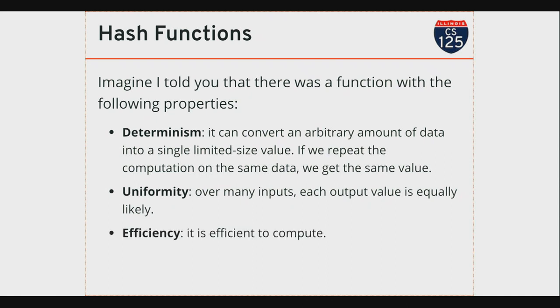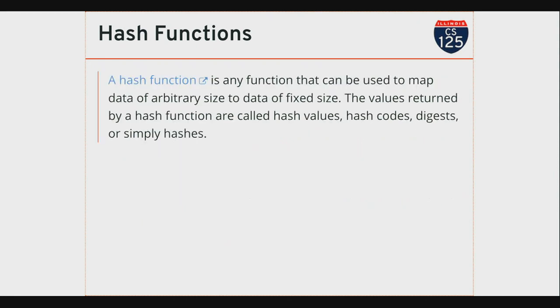The last requirement is that the output should be easy to compute. It's not computationally intensive. We will come back later and revisit this last requirement, but for now, these are my requirements: a function that's deterministic, uniform because every output is uniformly likely, and fast to compute.